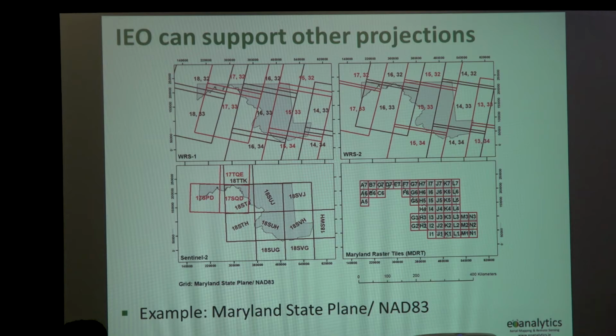As you can see, I generated a set of tiles for it, also identified the Sentinel tiles and the WRS1 and WRS2 areas. And as you can see, Maryland's kind of a weird-shaped state, so it shows that it can also work in situations where you may need to actually remove a lot of data, if you're just interested in, say, a state level map of Maryland.